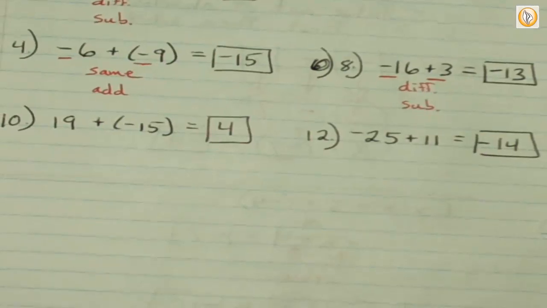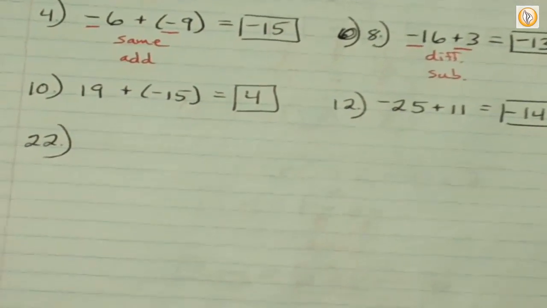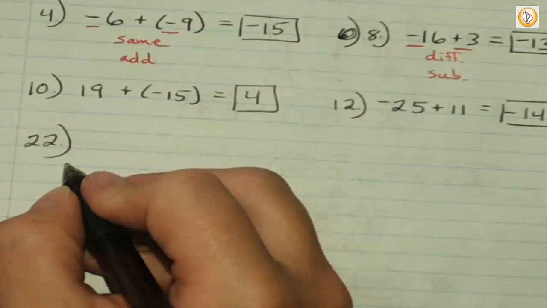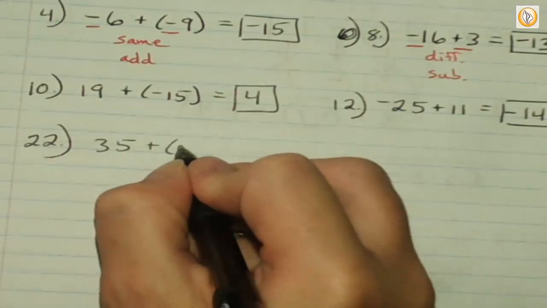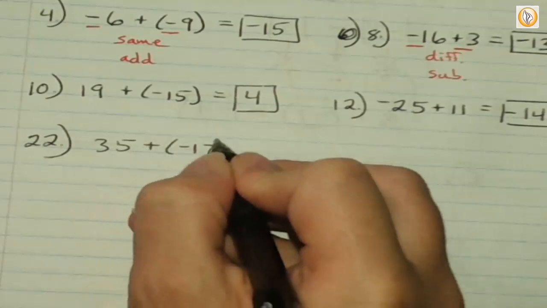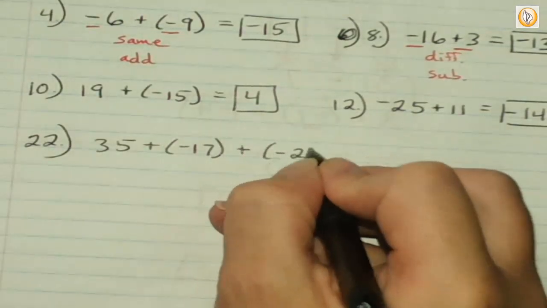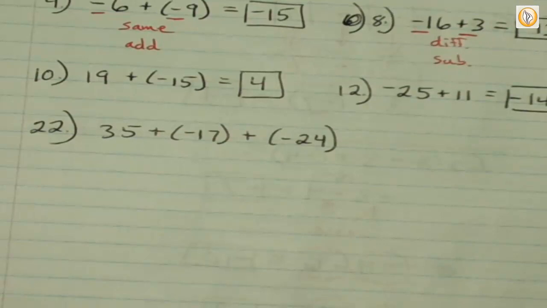Okay. Let's move on to 22. Okay, this is a little bit crazier. I have 35 plus -17 plus -24. Okay, in this case, let's see, back to you, Joseph. Which two am I going to combine first?